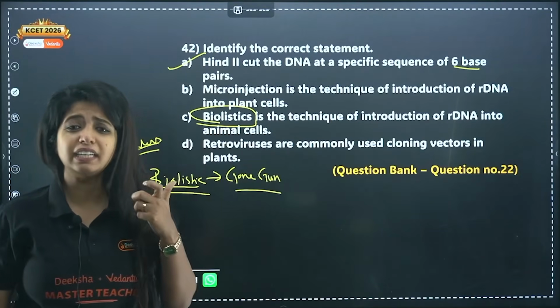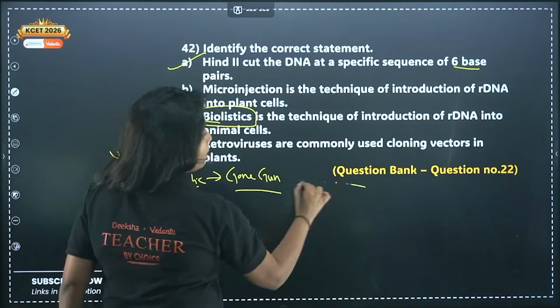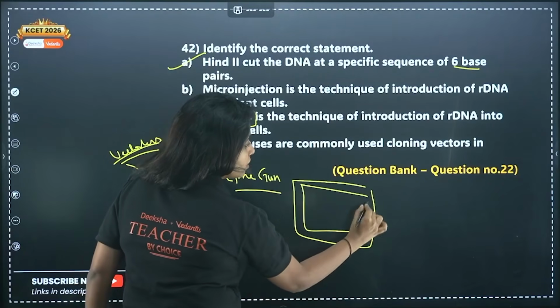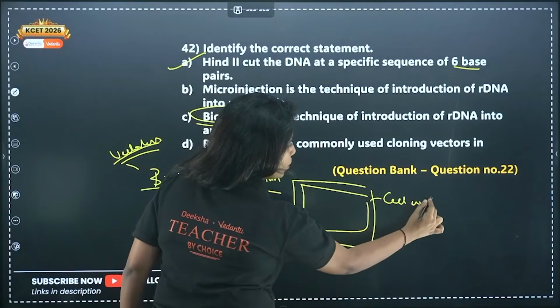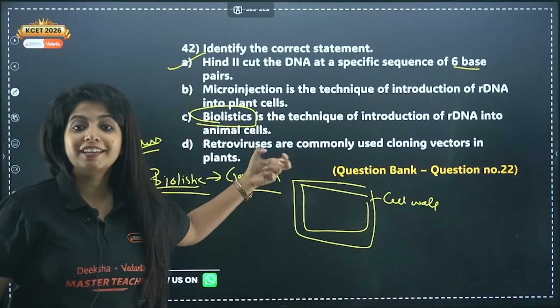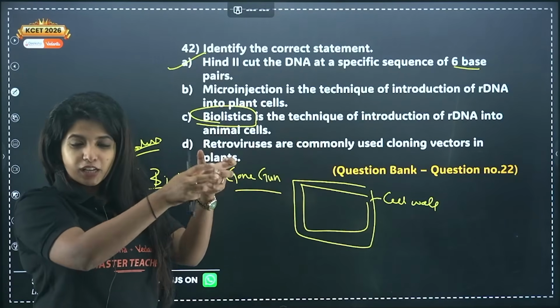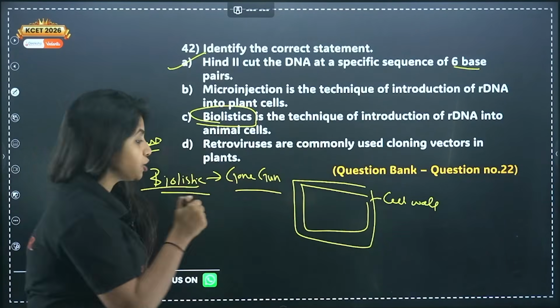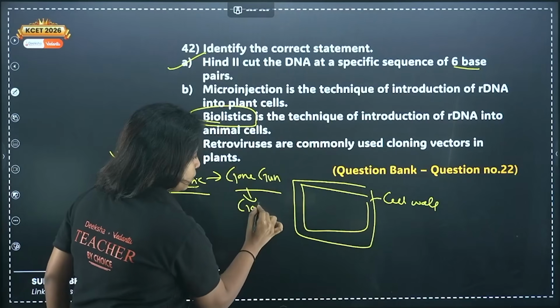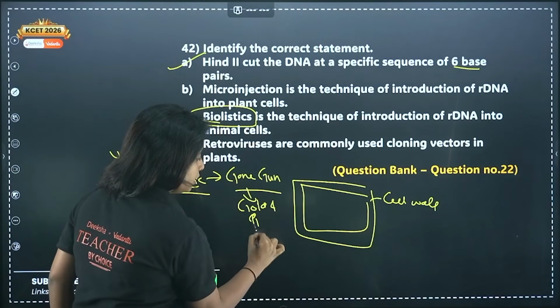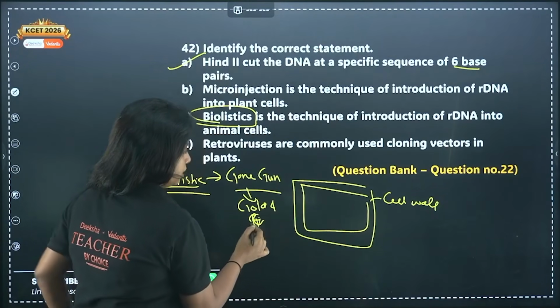So why do you think that we need a gun to transfer things into a plant cell? Because plant cells, my dear children, have an additional wall layer which is known as the cell wall. And to permeate into that, you need a gun. So basically, the gun is shot and there are balls of gold and tungsten.